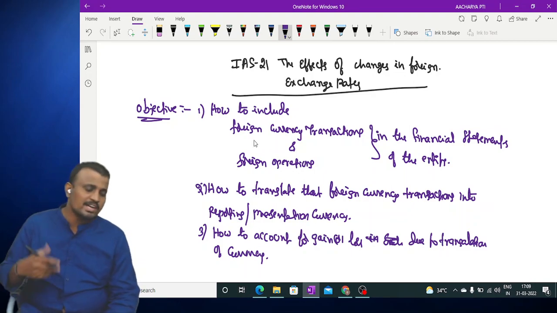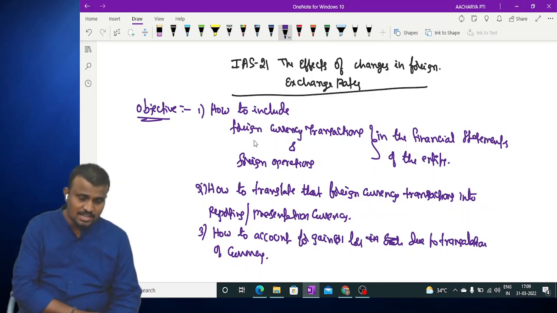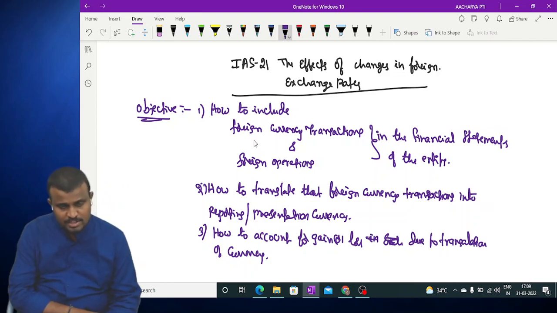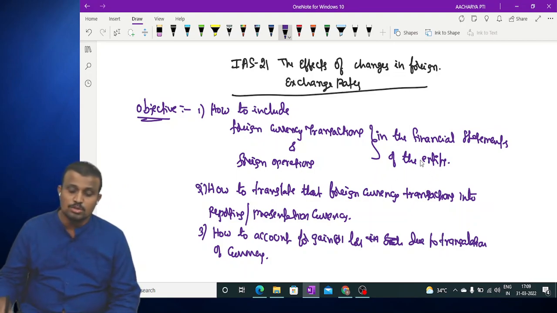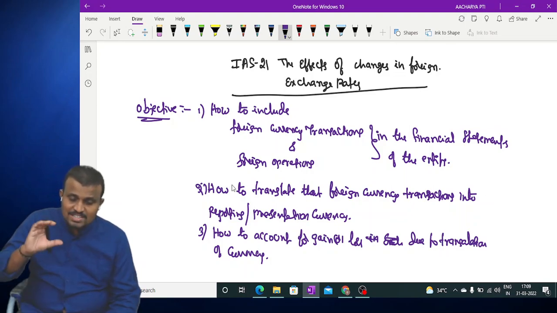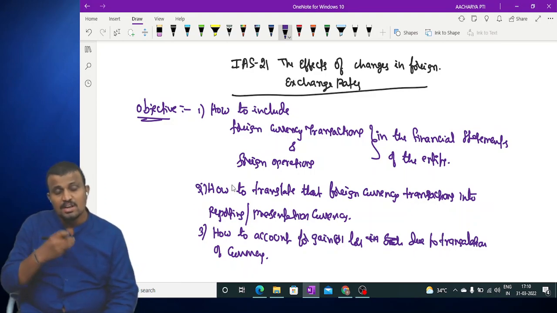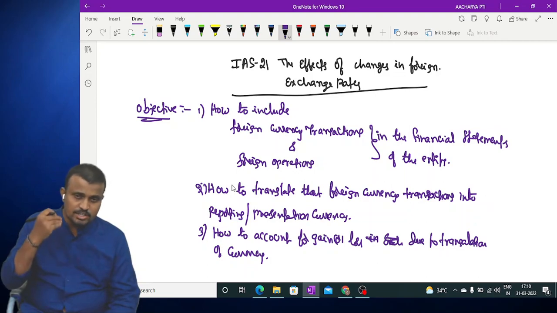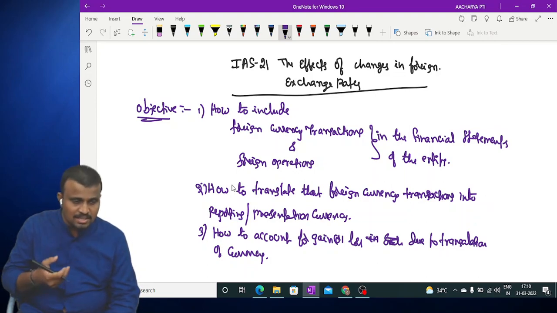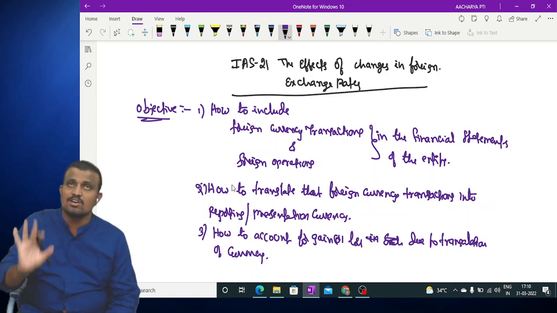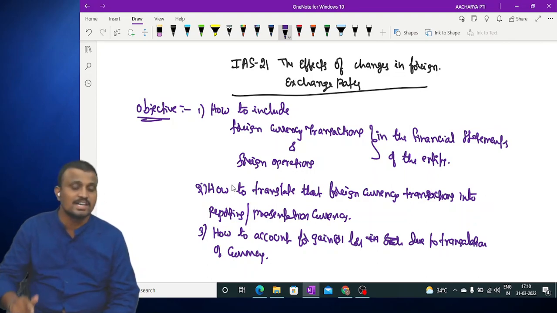So if any foreign currency transactions are incurred, or any transactions relating to the foreign operations of the entity, then how to present them in the financial statements, how to translate them into the presentation currency or reporting currency, and if any gain or loss is created while exchanging one currency into another currency, how to account for that gain or loss.